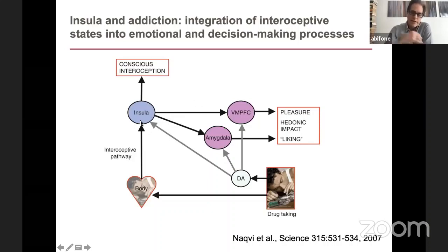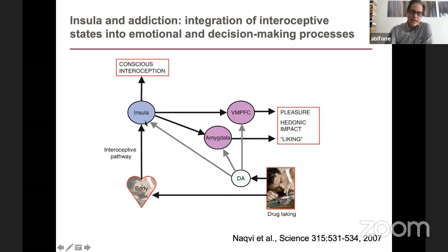The insula is described functionally as a hub that somehow conveys the interoception, so the perception of the effects of drugs, into other circuits, particularly the ones that are involved in the emotional processing and in decision.